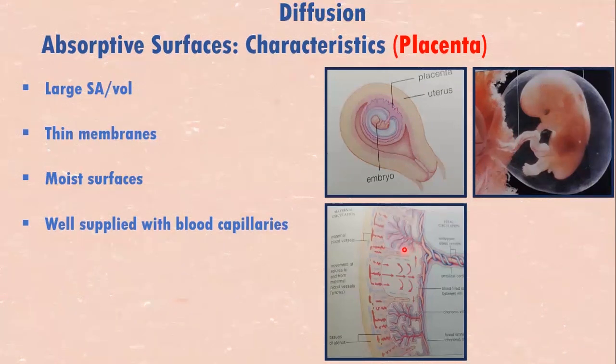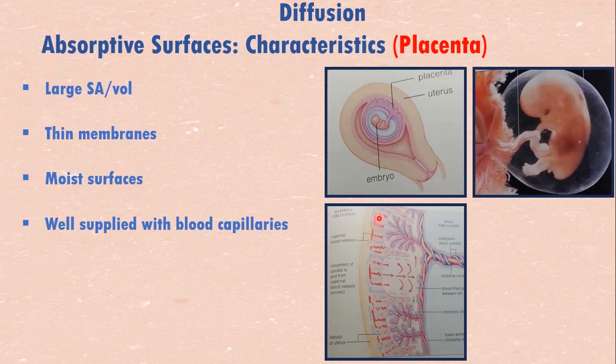But look, the placenta is a structure that is well separated and divided into small parts to present a large surface area to volume ratio. Here are villi, that is of the baby's blood system. All these are villi. All these are for the fetus, blood capillaries, villi.